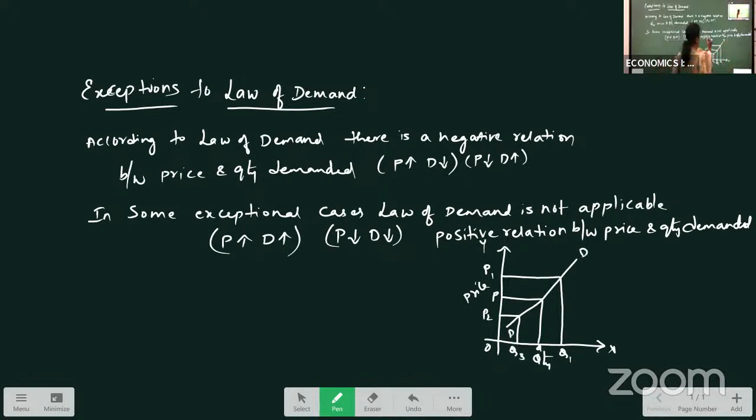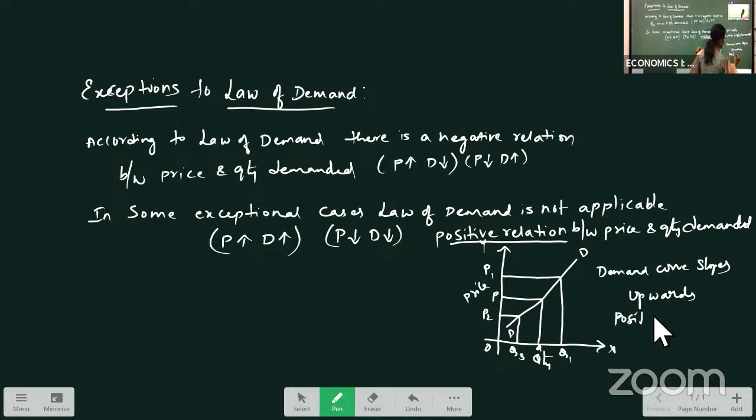So our demand curve will slope upwards because of the positive relation. This is how we will explain it. What was explained in the law of demand?